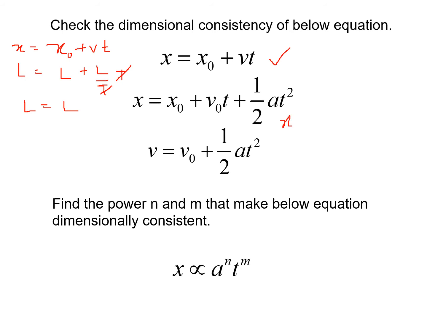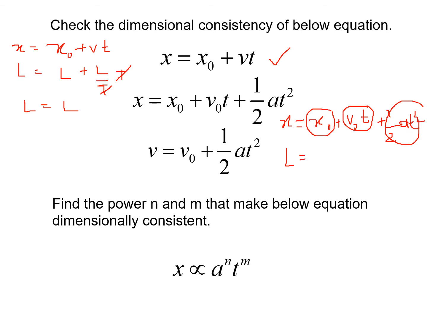Now we have x equals x naught plus v naught t plus half a t squared. x is considered as length, so that should be L. And if the equation is correct, then of course every place, 1, 2 and also 3, must be equivalent to L in order for the second equation to be dimensionally consistent.